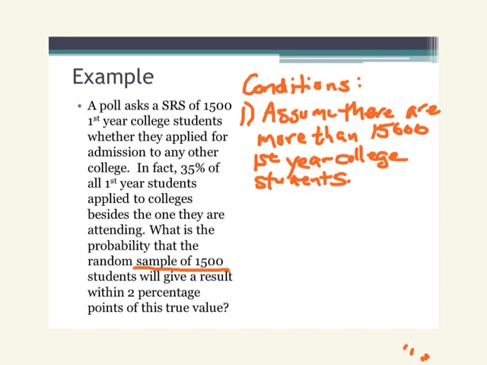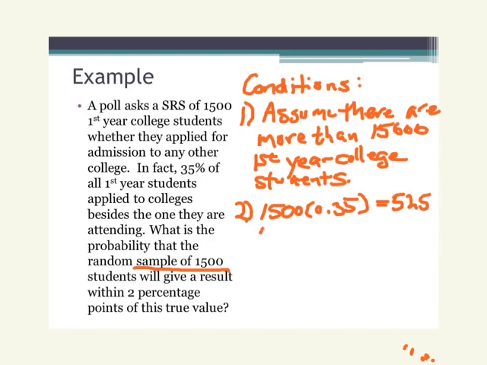Next thing we're going to do is check for normality. All right? We're going to make sure that a normal distribution is appropriate. So to do that, we need to make sure that n times p and n times 1 minus p are both greater than or equal to 10. All right? So our n value is 1,500. Our p value is 0.35. This would be equal to 525, which is greater than or equal to 10.